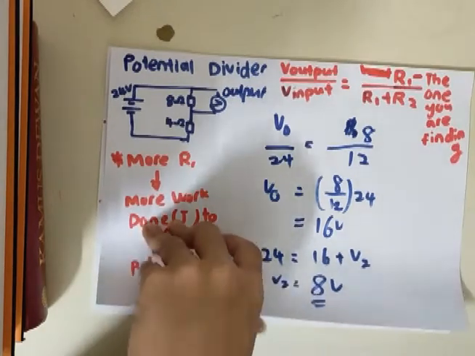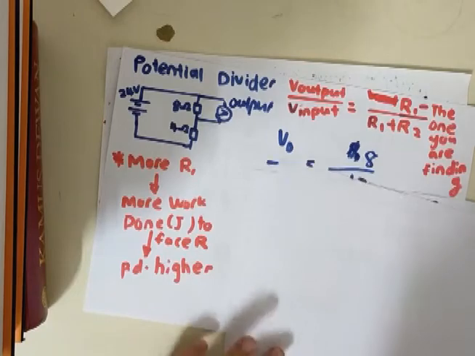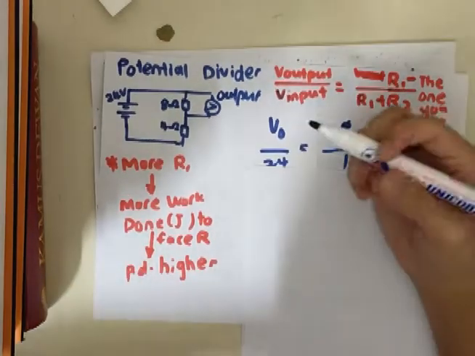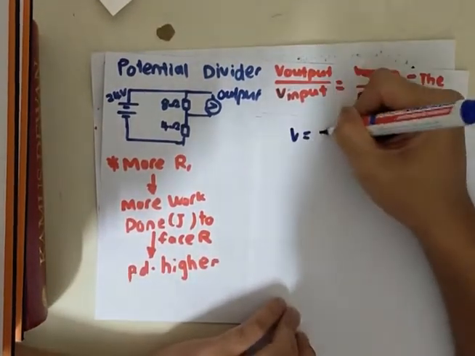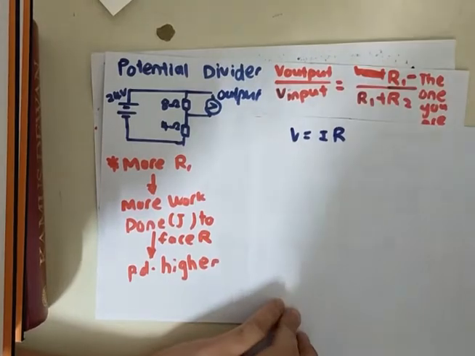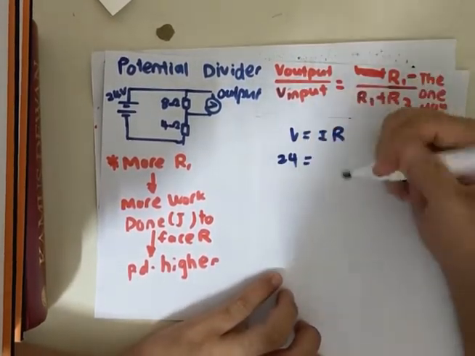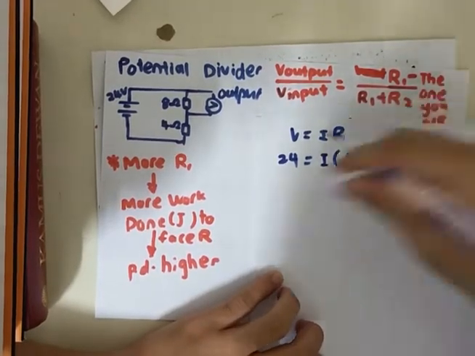That's it. But if you want to go about the more common sense way, there is a way to do it. Since I've given you the 24, I'll just use V equals IR as the main formula. So 24 equals I times my 12.